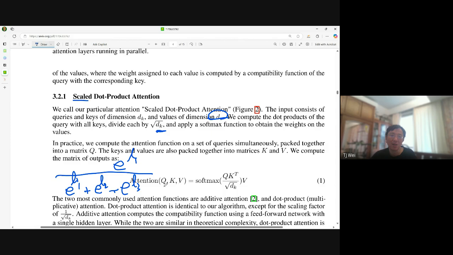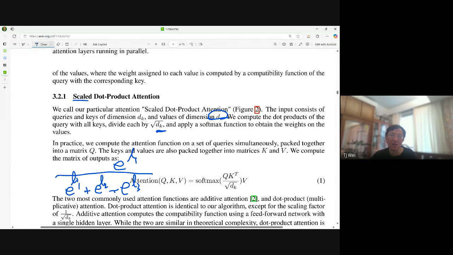Okay. So first, ignore what the square root is. By the intuition above, you will probably know that if this guy is going to be larger, then we have to make it smaller.